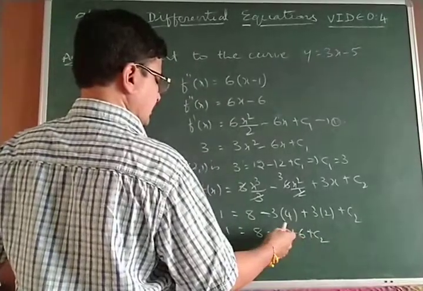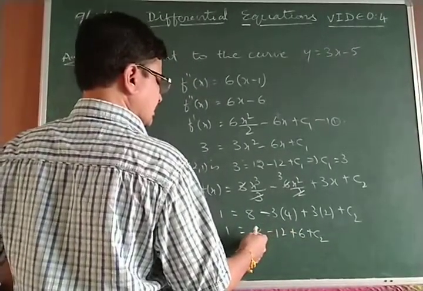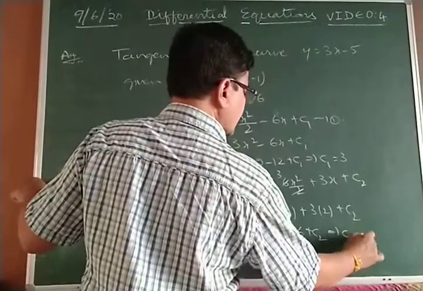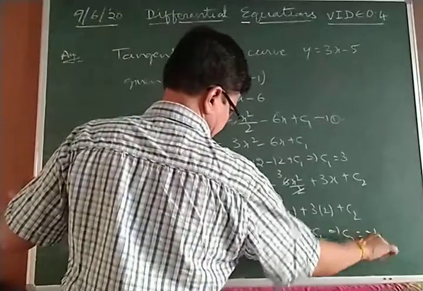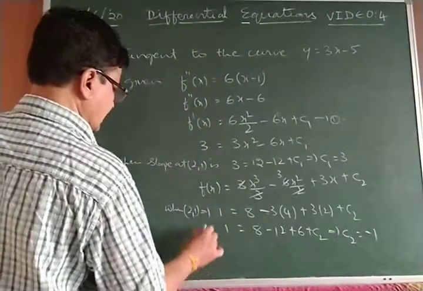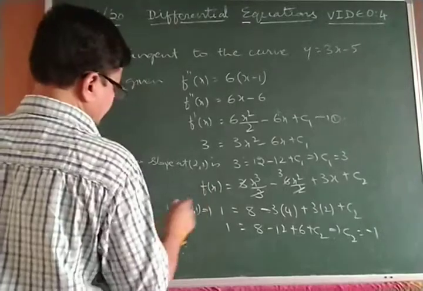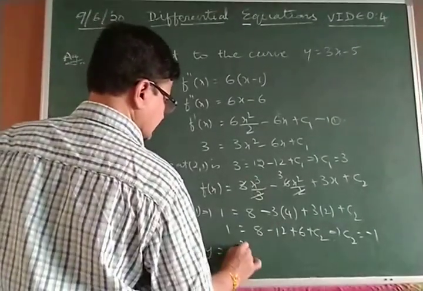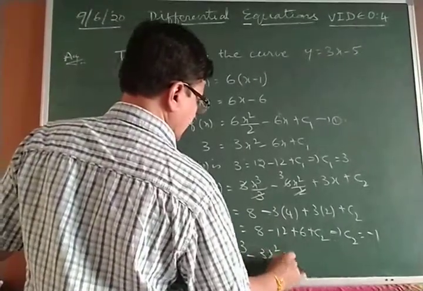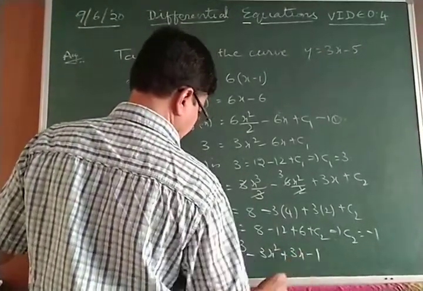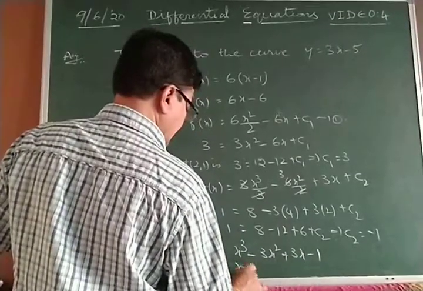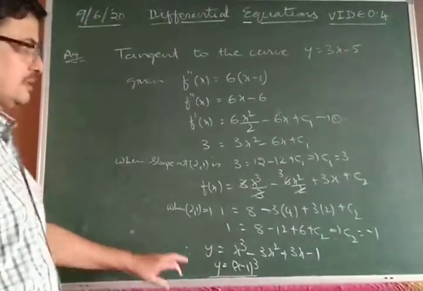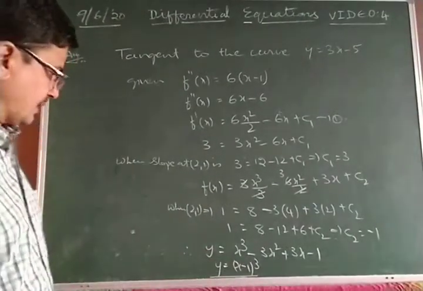Now this is minus 6 plus 2, so c2 is equal to -1. Therefore the function f(x), that is y, is x³ - 3x² + 3x - 1. So that is (x - 1)³, which is the required curve. y = (x - 1)³ is the required curve.